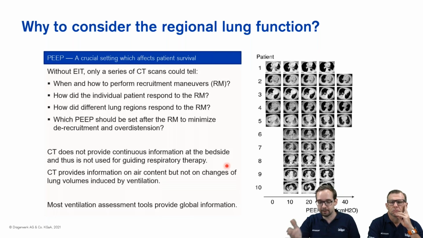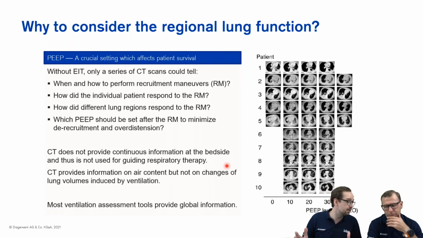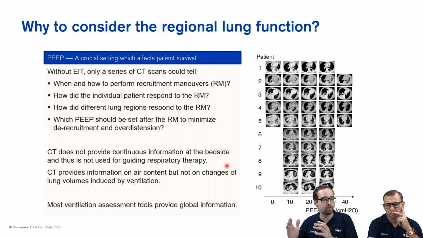Usually, the previous tools that we have were, of course, looking at a CT scan, but only really a series of CT scans could actually tell us how the patient is responding to these different settings. And I think we can all agree that this is something which can maybe be done in a study environment, but clearly not in clinical practice. But this is the kind of information that we would need.